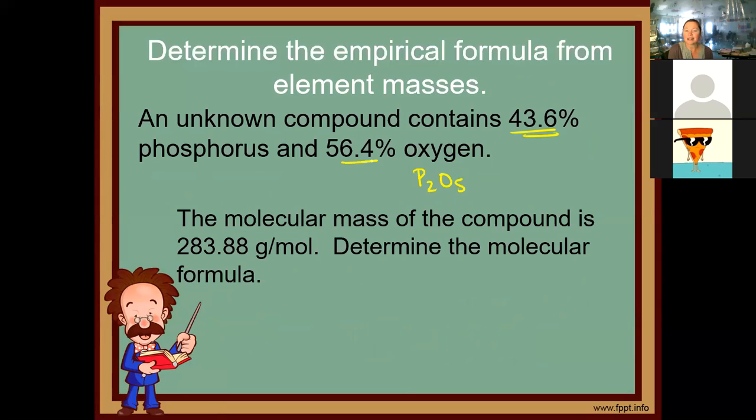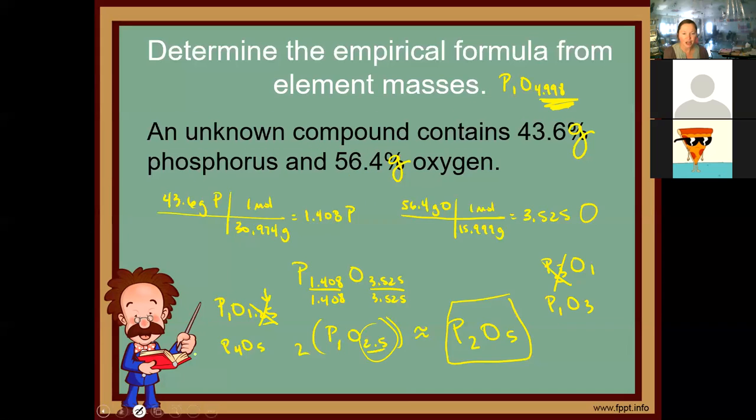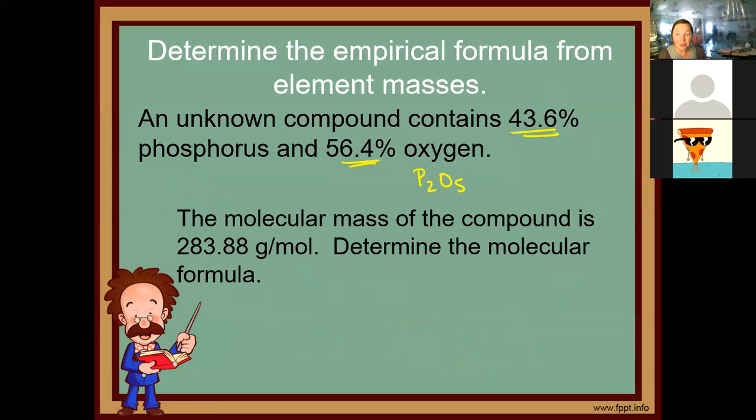So we just figured out that this was P2O5. This is the same data that we had on the last screen. We decided that P2O5 was the empirical formula. Now we're going to add a new layer and figure out the molecular formula. How we do that is we'll be given the molar mass of the compound. So I know that the reduced form is P2O5.